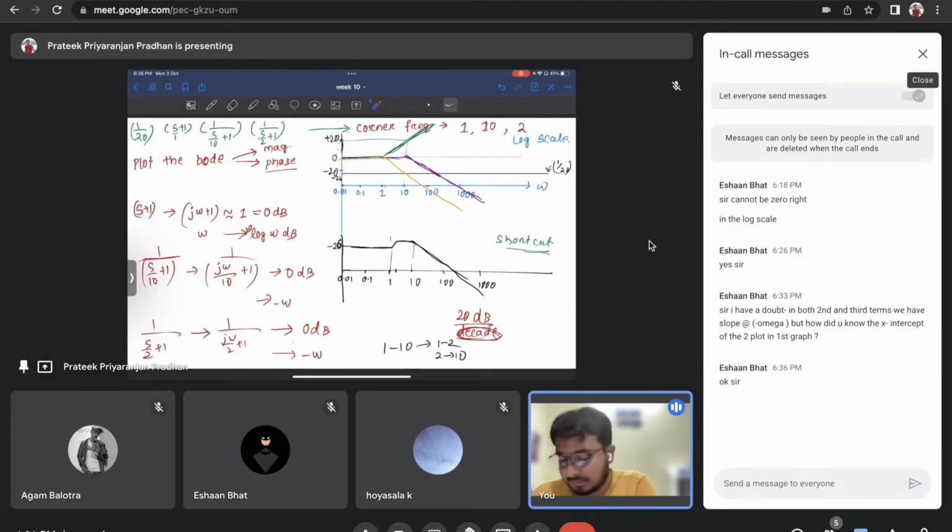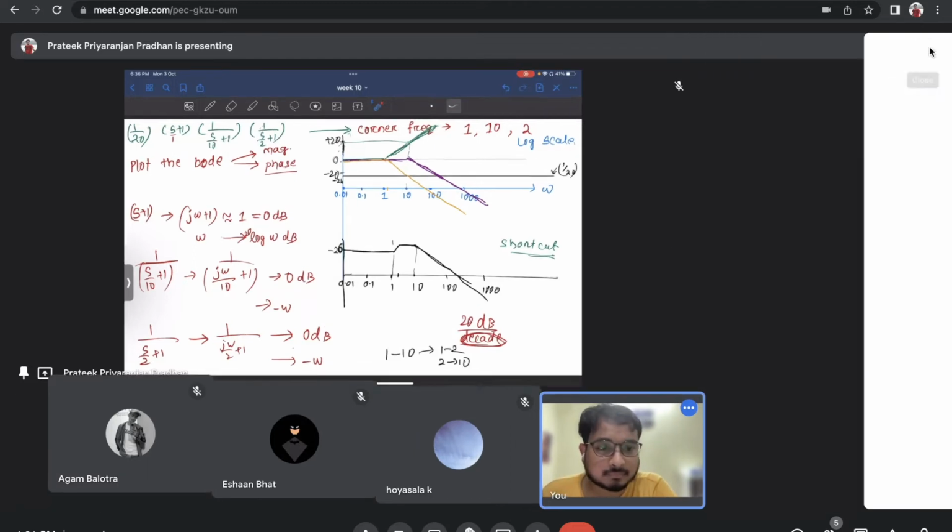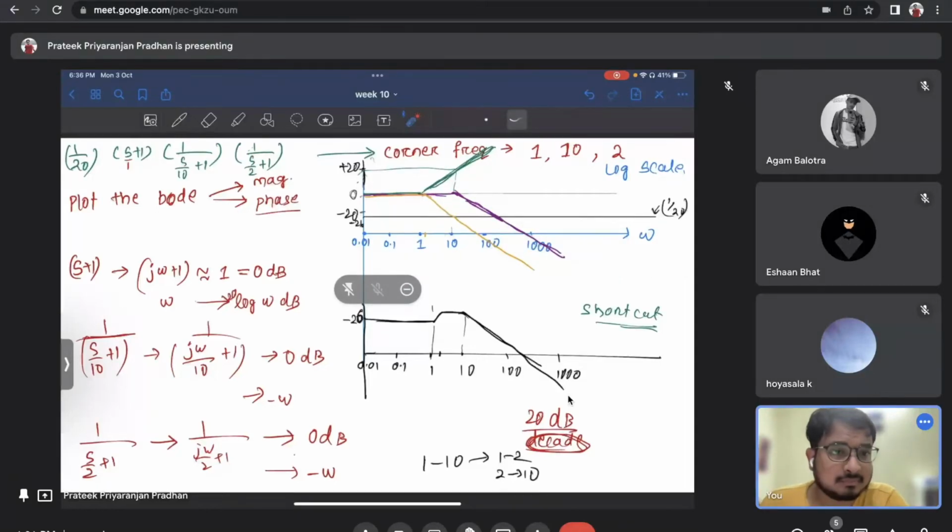So is it clear? The Bode magnitude diagram, you can plot any kind of question involving simple poles and simple zeros. If this part is done, I will go to the phase diagram. Okay, I'll assume it is clear.